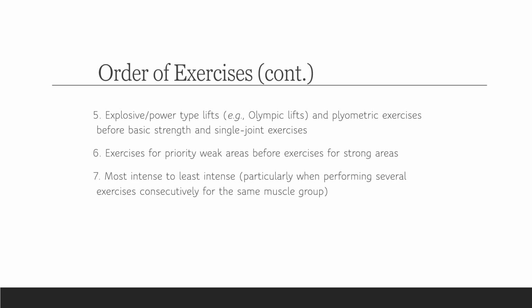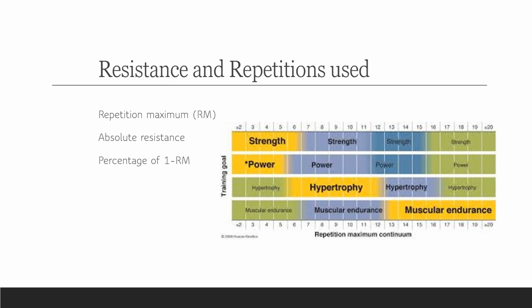Explosive power type lifts or Olympic lifts and plyometric exercises before basic strength and single joint exercises, and exercises for priority weak areas before exercises for strong areas. More intense to least intense, particularly when performing several exercises consecutively for the same muscle group.